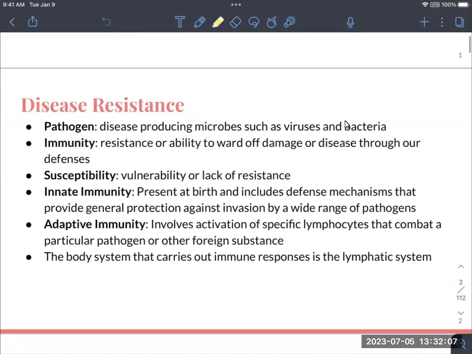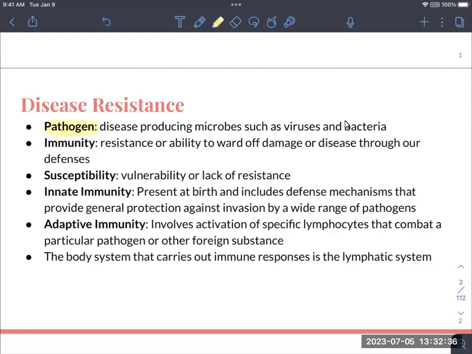So when we're talking about our lymphatic system and our immune system, its role is to fight different pathogens. A pathogen is any kind of microbe, whether it's viruses, bacteria, fungus, parasites, that are going to cause some sort of disease in the body.